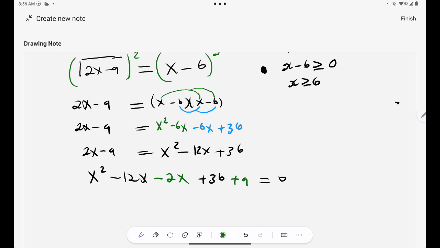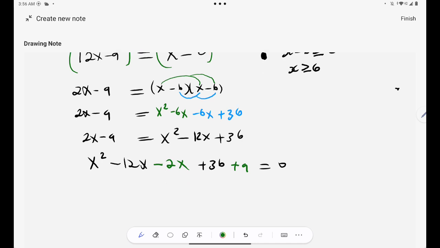Please note that the things that I've written in green, I've taken them from one side of the equation to the other side. So whenever positive 2x jumps an equal sign, it becomes negative. Whenever a negative 9 jumps an equal sign, it becomes positive.